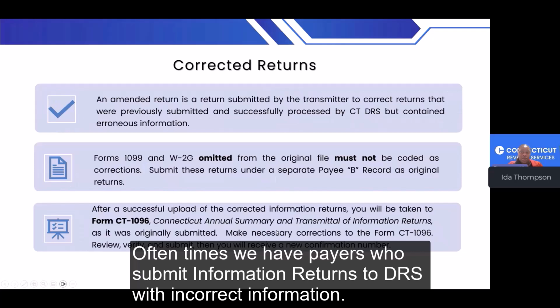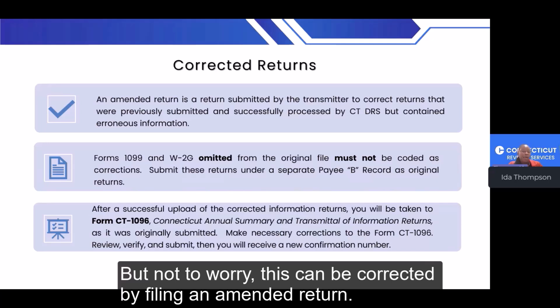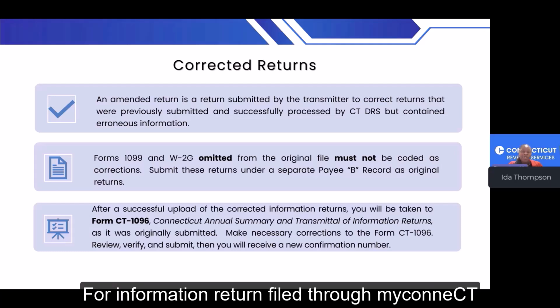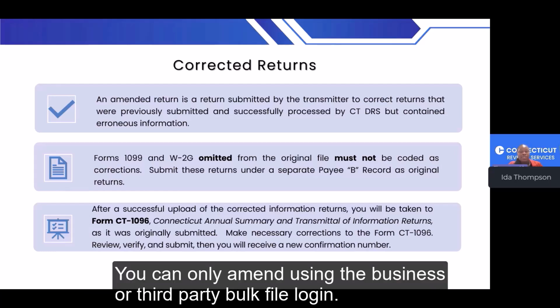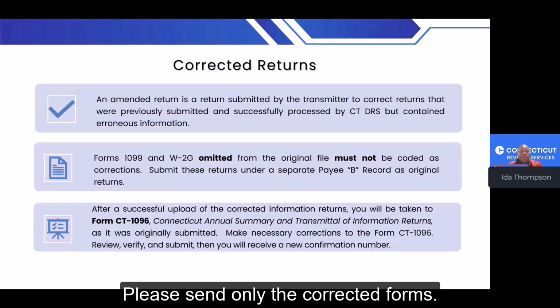Oftentimes, we have payers who submit information returns to DRS with incorrect information. But not to worry, this can be corrected by filing an amended return. For information return filed through MyConnect, you can only amend using the business or third-party bulk filer login. Please send only the corrected forms.